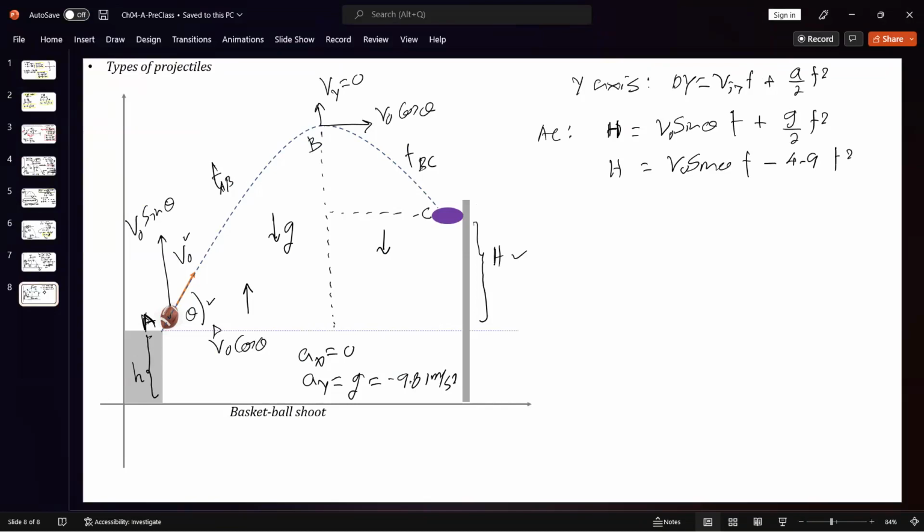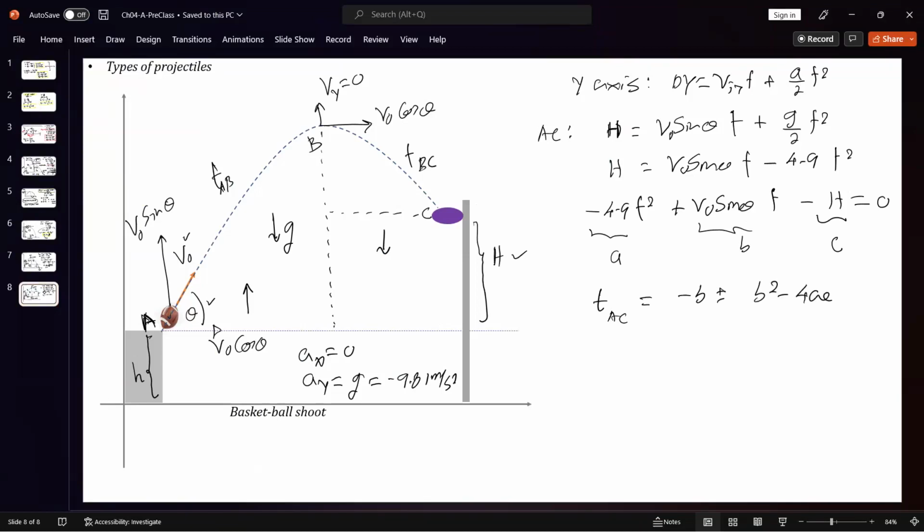Then again I have a quadratic equation: negative 4.9 t squared plus v0 sine theta t minus large h equals 0. Now this is your a, this part is b, this part is c. By knowing a, b, c, I can find the time from A to C directly, which equals negative b plus or minus the square root of b squared minus 4ac, divided by 2a.